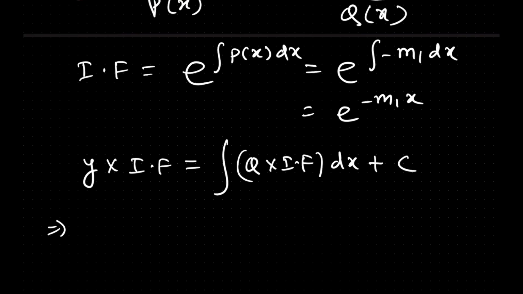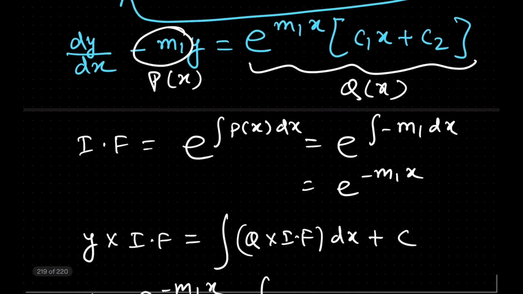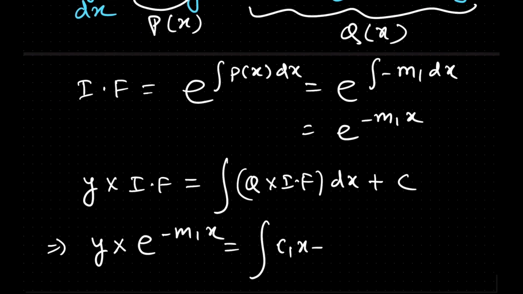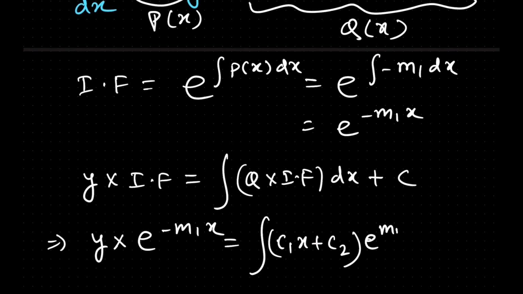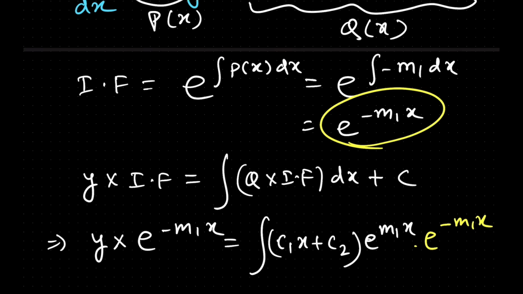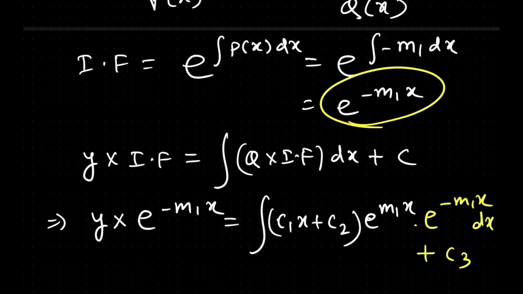So you will get y into integrating factor, which is e to the power of minus m1x, then q is c1x plus c2 and e to the power of m1x, and our integrating factor is e to the power of minus m1x. So you can see here minus m1x, then dx plus, you can say c3, another constant.